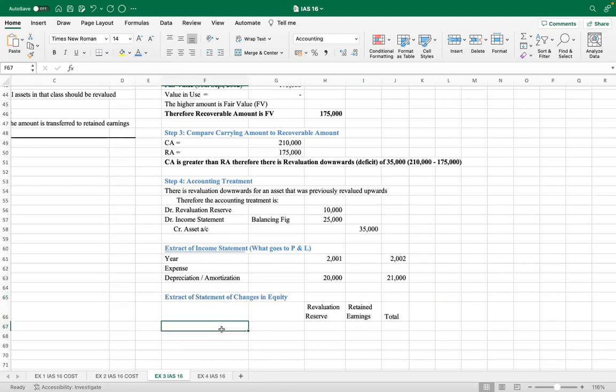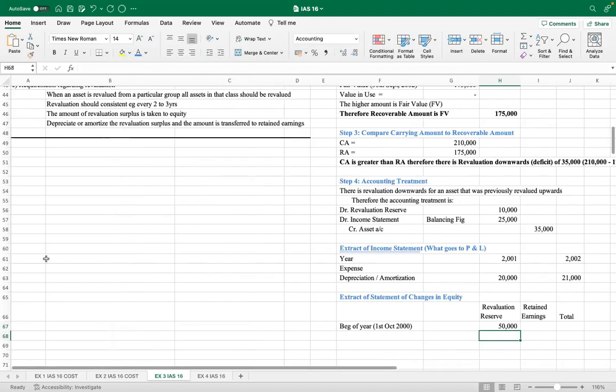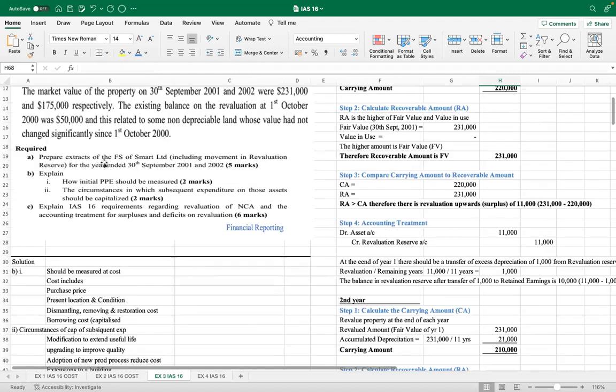Now, beginning of the year, 1st October 2000, there was a revaluation reserve of 50,000. That was given in the question. Let me just take you back to the question. I know we are tired, but let's just go.